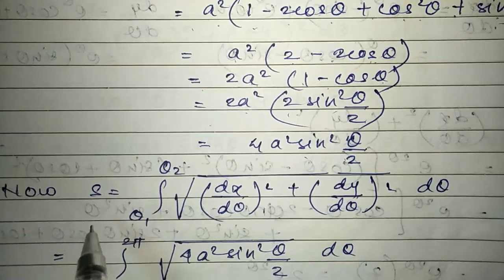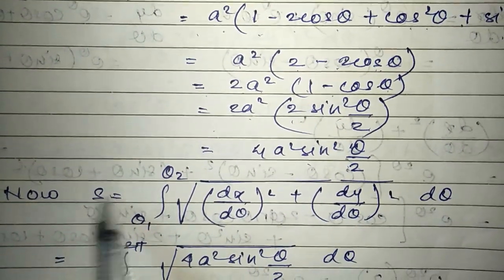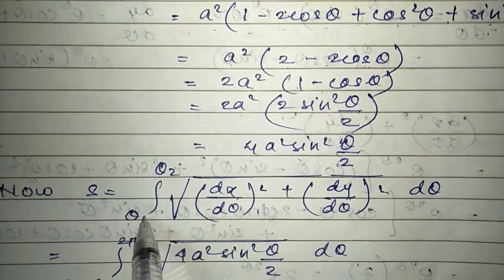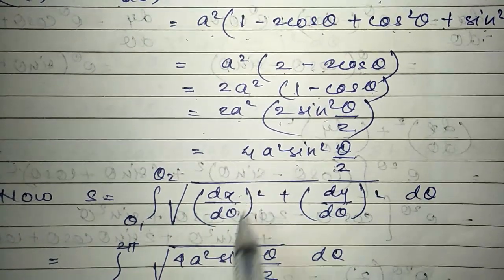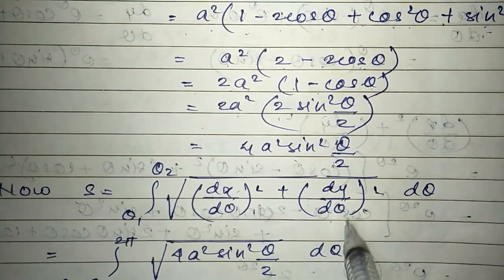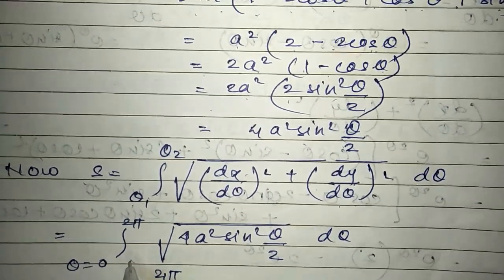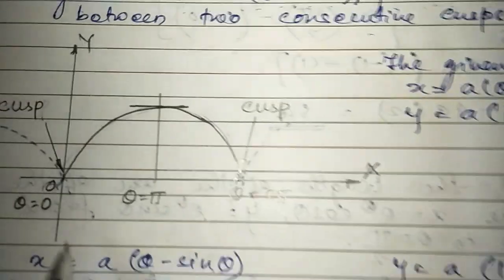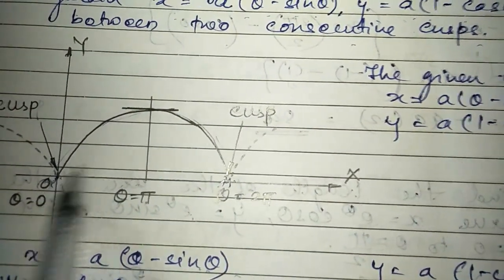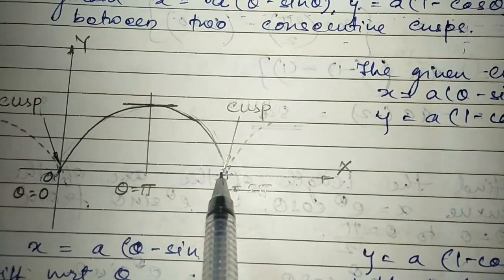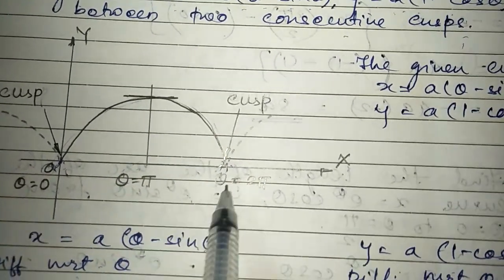Now we know for a parametric curve the length of the arc of the curve, that is s, is equal to the integral from theta 1 to theta 2 of the square root of (dx by d theta) square plus (dy by d theta) square, into d theta. So we have the integral from theta is equal to 0 to theta is equal to 2 pi, because this is one cusp and this is the other cusp, and we have to find the length of the arc of the curve between these two cusps.